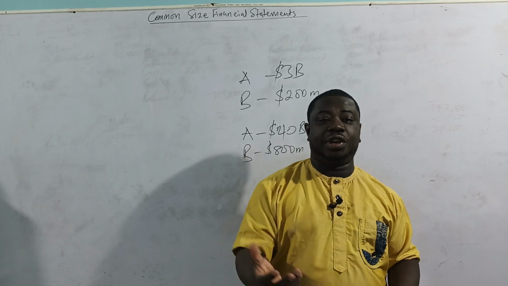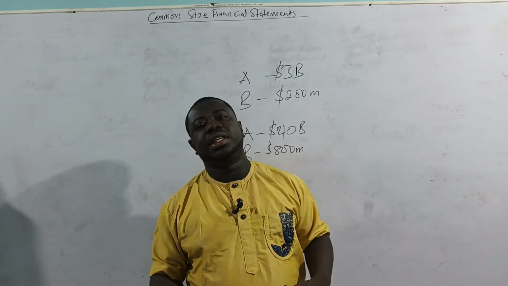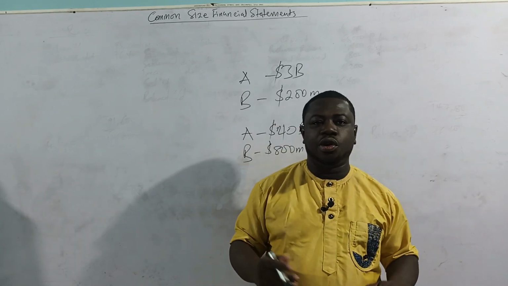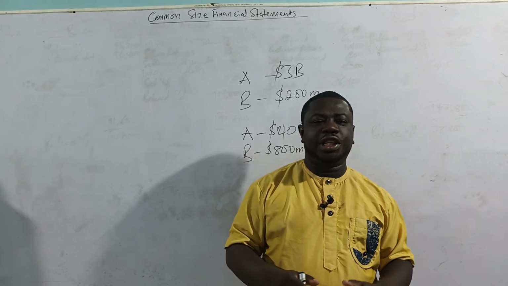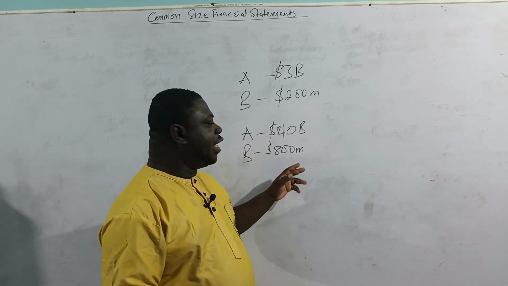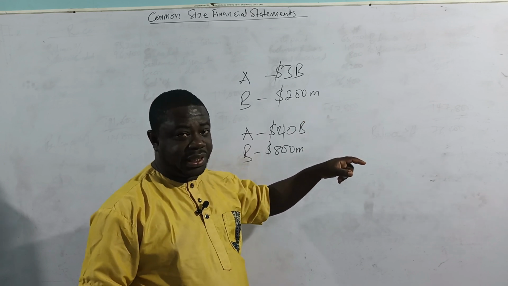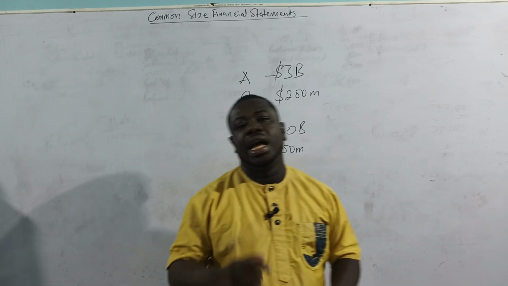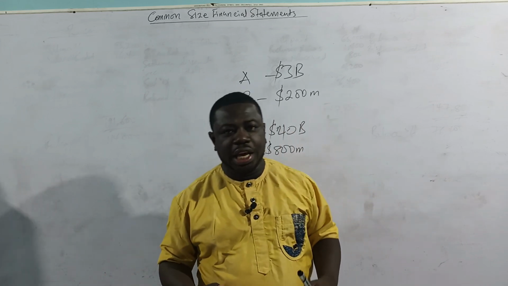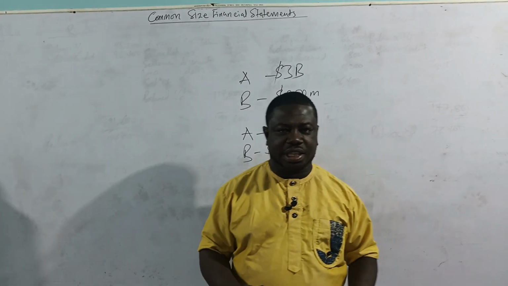If you look at profits alone to compare performance, you may be making a mistake, because the profits of company B, even though small, might be relatively bigger in terms of percentage, which we call profitability. Another way that you can look at this is to prepare a common size financial statement.